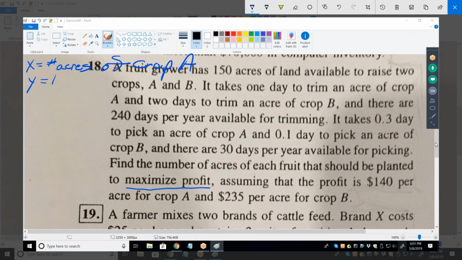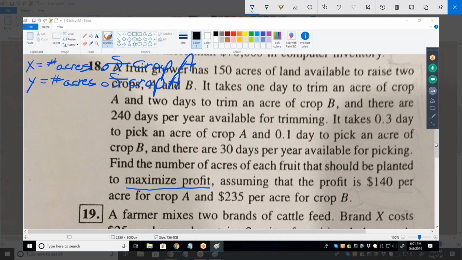The reason it's so important to spell those out is because if you just say A is number of acres or X is crop A, is X the price of crop A or is it the number of acres of crop A? Even if you're selling Pepsis and popcorn at a movie theater, your variables are not Pepsis and popcorn.